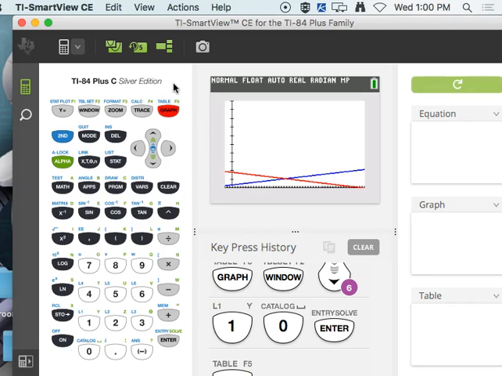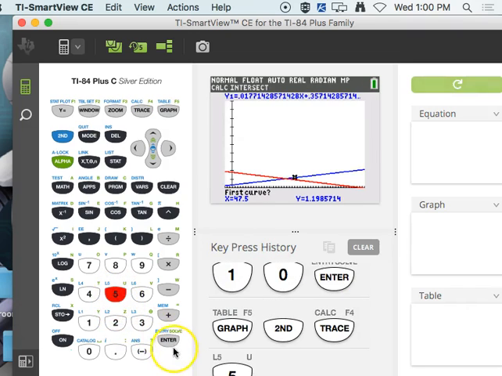Alrighty, did Blinky give you your answer? Second. Trace. Number 5. Enter, enter, enter.